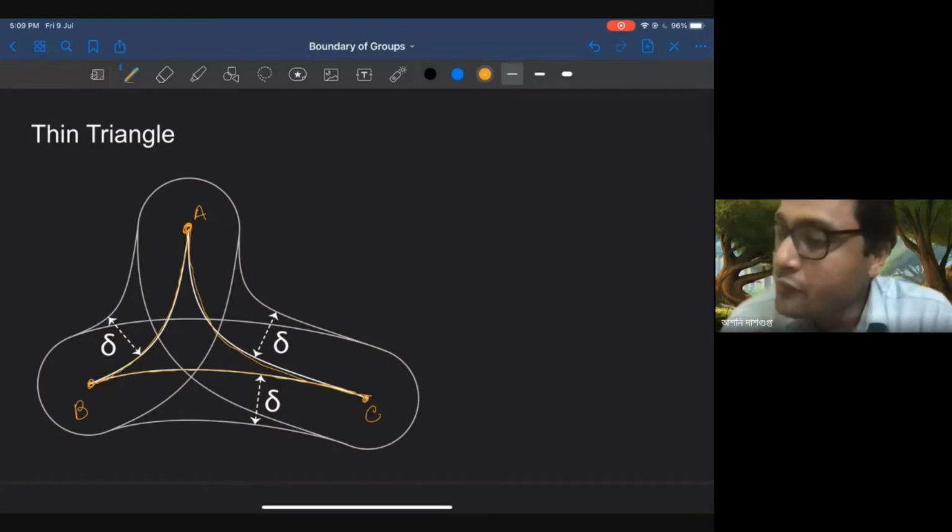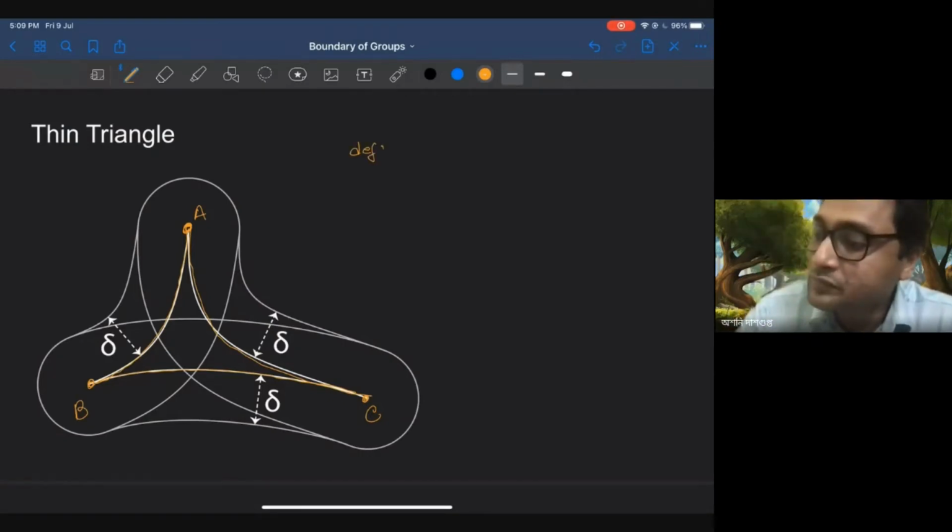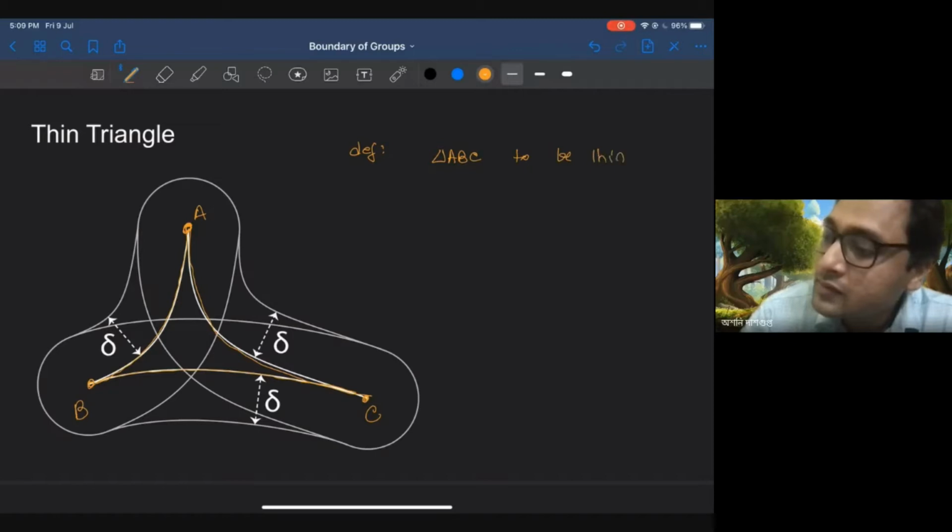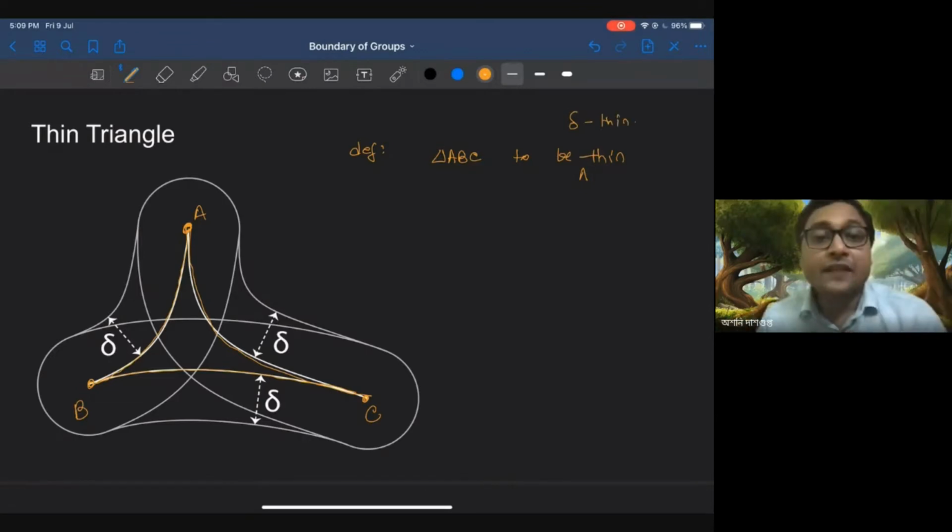So here is a definition. We will call the triangle ABC to be thin, or more precisely, delta thin, if something happens. What happens?